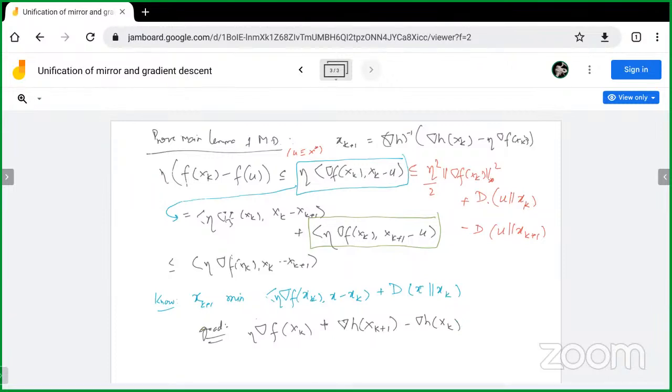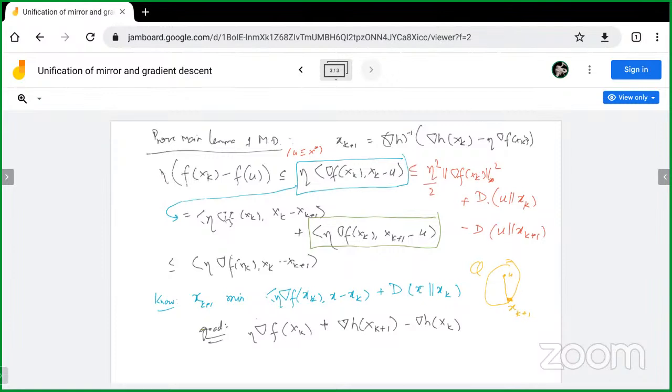Today I want to do it for generality, so I also assume there's a constraint set, let's call it Q. Suppose this is my point x_k plus 1, which is a minimizer, and here is my u somewhere in Q. What do I know about this gradient vector?